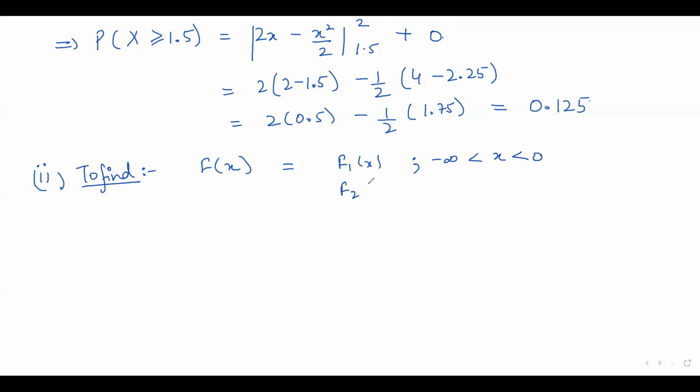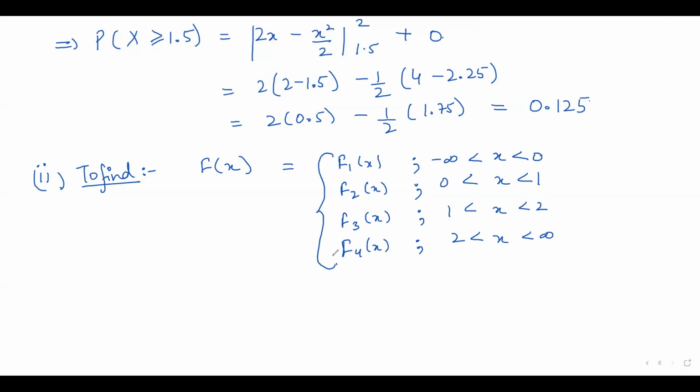Then f2x from 0 to 1, f3x from 1 to 2, and f4x from 2 to infinity. This is what you need to find. Now, how will we find this?